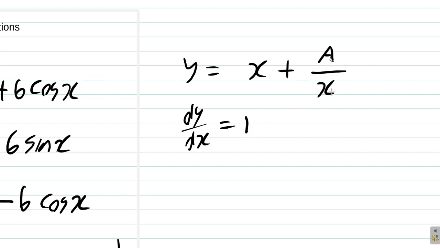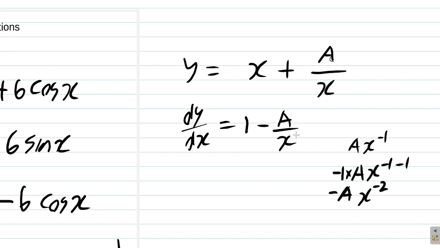When you differentiate a over x with respect to x, this is ax to the negative 1. You multiply by the power, negative 1 times ax to the negative 1 minus 1 to get a new power. So you have negative a x to the negative 2, which is the same as negative a over x squared. Remember that.